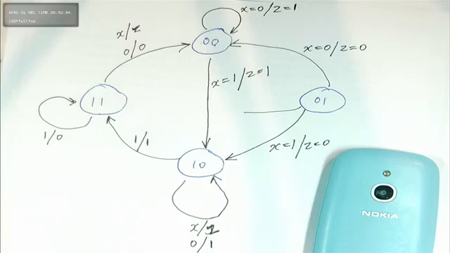If you input x equal to 1, your state will become number 2. From 0, it will jump to 2. 2 is 1, 0.